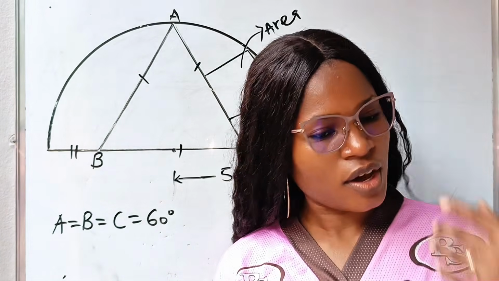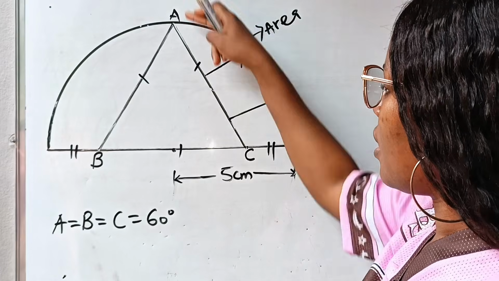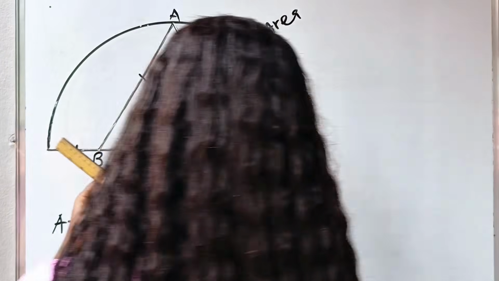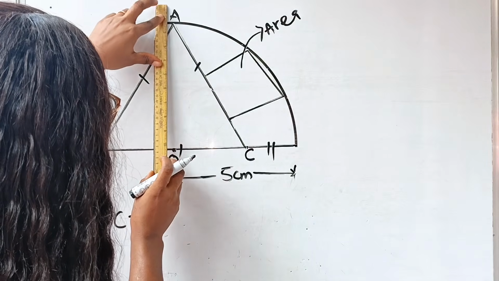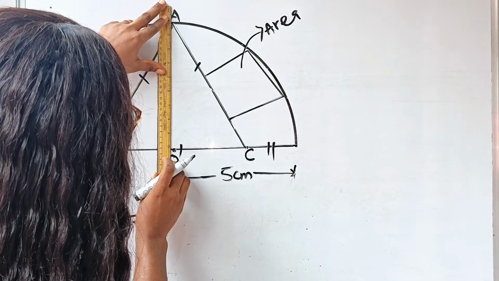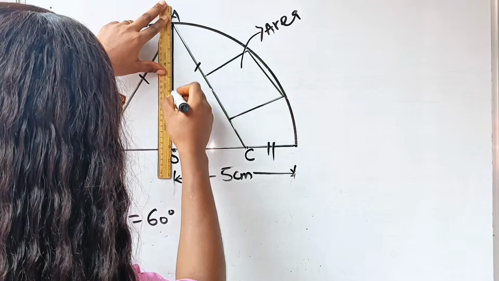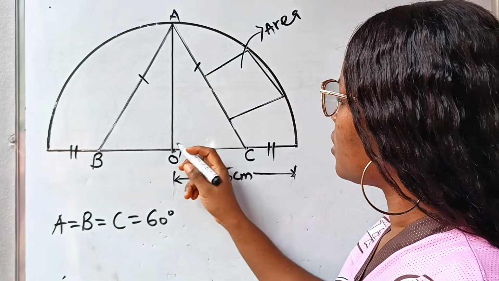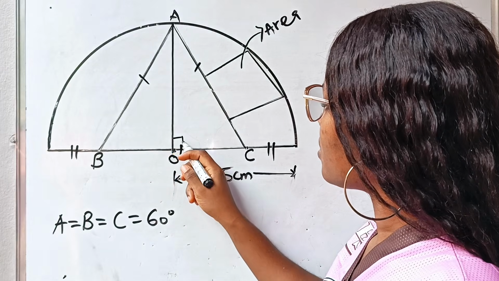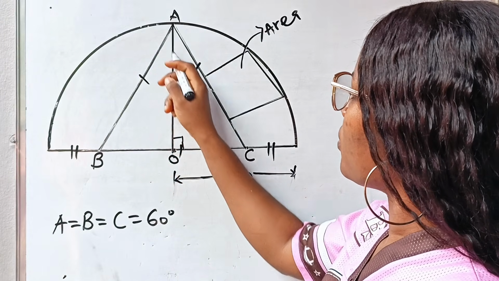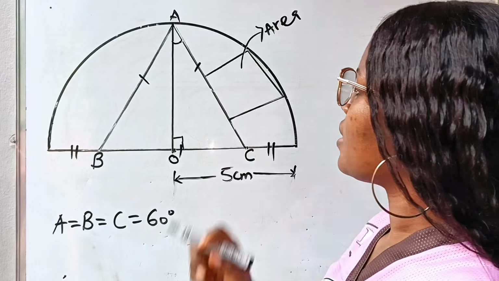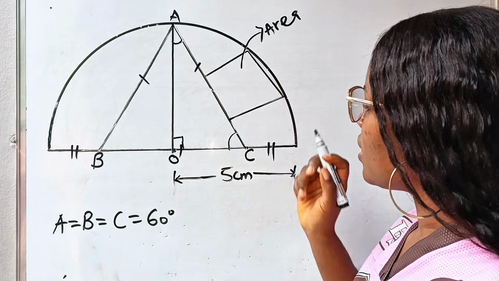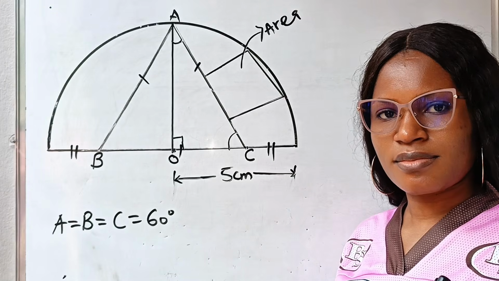So if I should join A to the center O, let's join A to the center O, we will have this, okay? And this will be 90 degrees. And because this is coming from the center, this will be 30 degrees, right? And that means this will be 60 degrees.